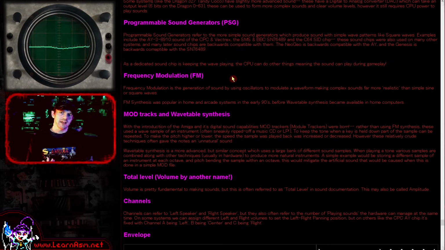However, in a lot of cases, a lot of hardware defines wavetable synthesis as simply using a single sound sample and changing the pitch of it to make a note, which is a perfectly viable way of making sounds, but vastly simple compared to what I would consider wavetable synthesis.